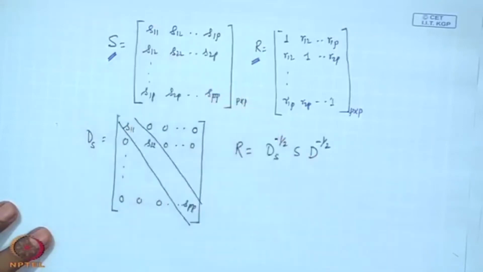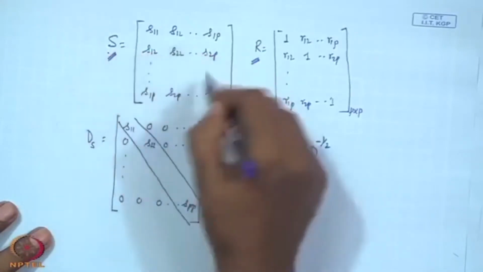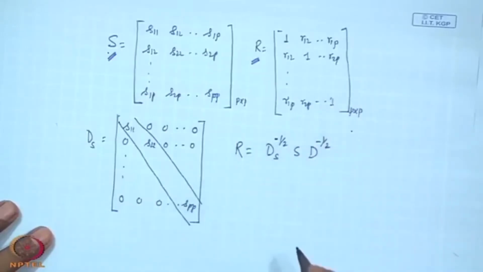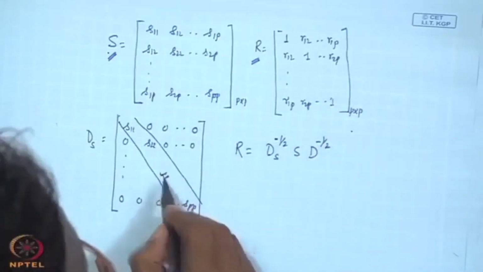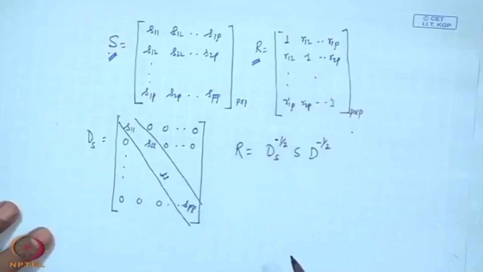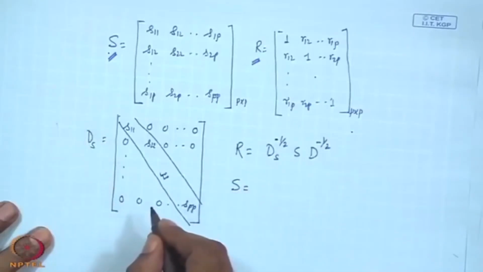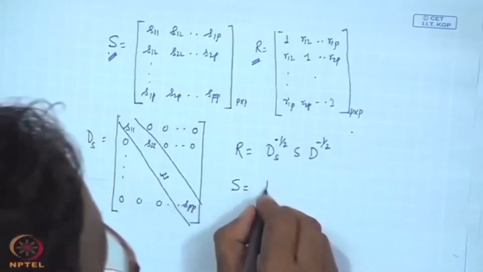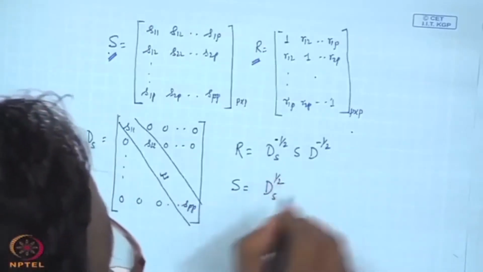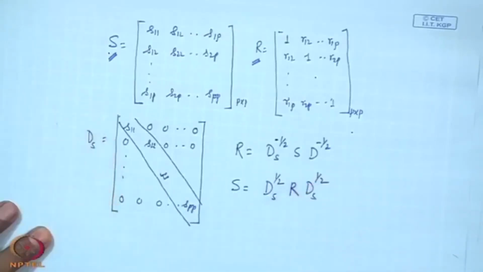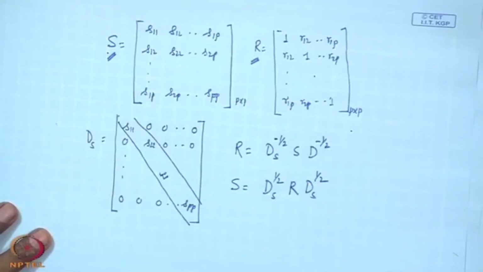Once you know S, you know the variances and covariances, and you want to calculate R. Now suppose the variance components and the correlation matrix are known, and you want to go from the correlation matrix to the covariance matrix. What you have to do is write it like this, with DS to the power plus half on both sides.